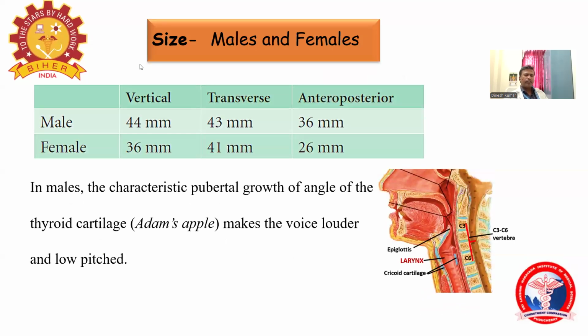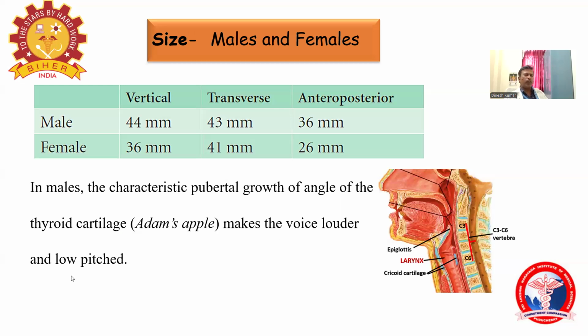Next, the size of the larynx differs between male and female. In males, the vertical diameter is 44 millimeters, transverse 43 millimeters, and anteroposterior 36 millimeters. In females, vertically 36 millimeters, transversely 41 millimeters, and anteroposteriorly 26 millimeters. In males, pubertal growth of the angle of the thyroid cartilage forms what we call the Adam's apple.